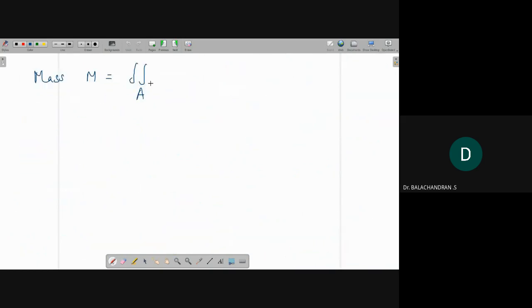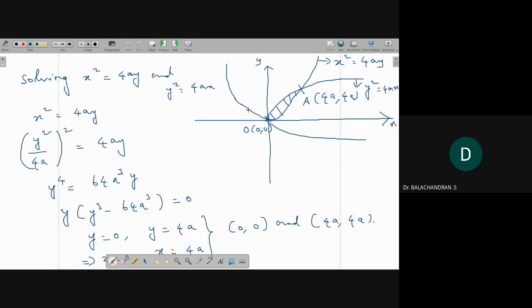So mass m is equal to the double integral over A of rho dx dy. I don't know rho yet, so it is rho times the double integral over A of dx dy. Now take a strip parallel to the x-axis.